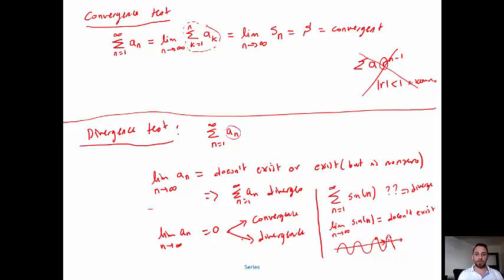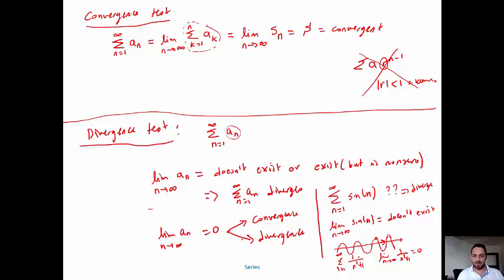However, if we take the series 1 over n squared plus 1, as n goes to infinity, you find the limit as n goes to infinity of 1 over n squared plus 1. 1 over infinity is 0. Here you need to check whether it converges or diverges.